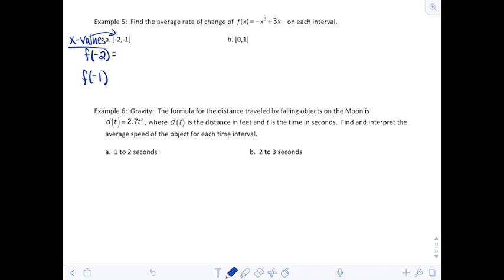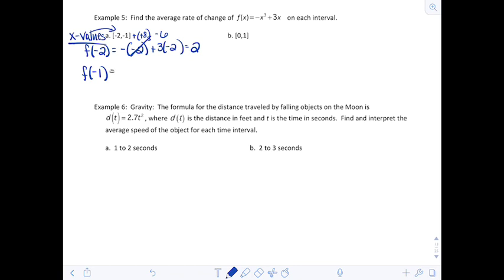So I'm going to take this cubic and replace x with negative 2. So negative, and then negative 2 cubed, plus 3 times negative 2. This would be the opposite of negative 8 minus 6, which is 8 minus 6, and that gives me 2.